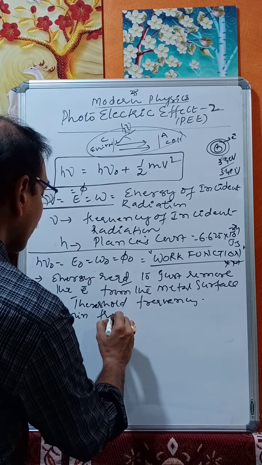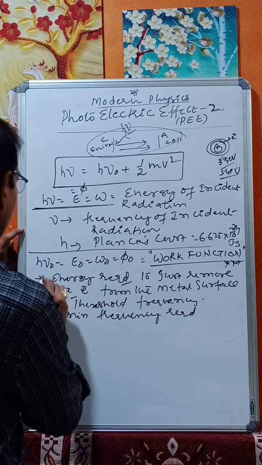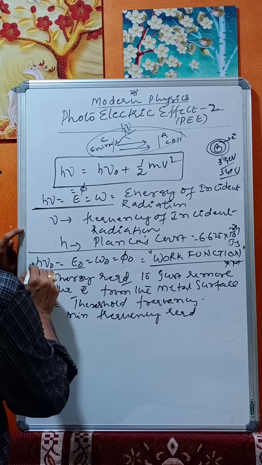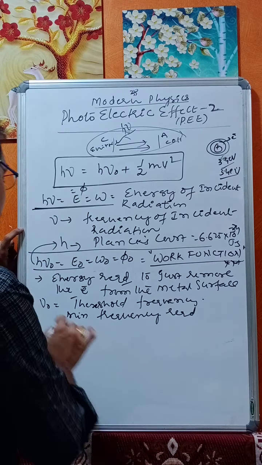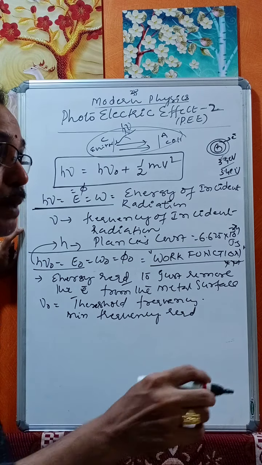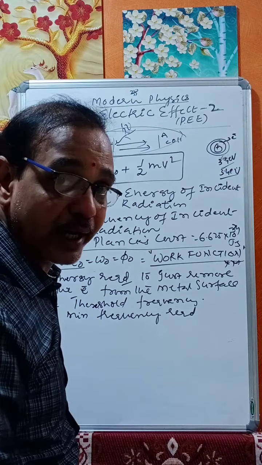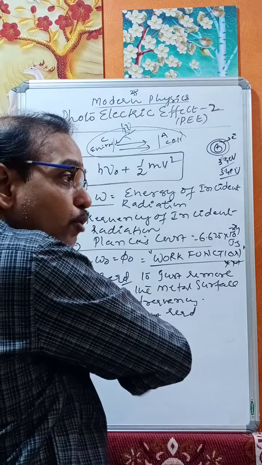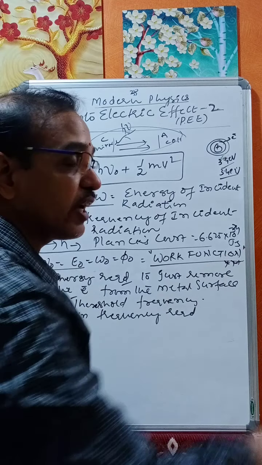Because h nu naught is equal to E naught, and here h is a constant, energy depends only on frequency. Therefore, nu naught is the threshold frequency, the minimum frequency required by the incident radiation or incident photon to remove the electron from the metal surface.